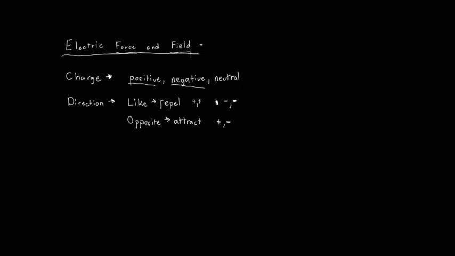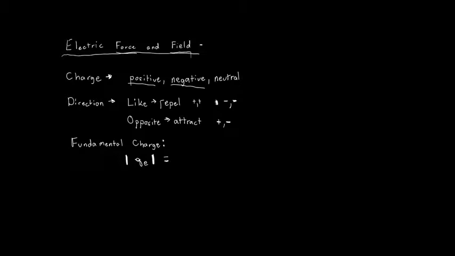And in general, charges are all multiples of the fundamental charge. And the fundamental charge has a very specific definition. It's the charge of an electron. When we're discussing the fundamental charge, we take the absolute value of the charge of an electron. And we know that an electron is negative, so its charge is a negative value.